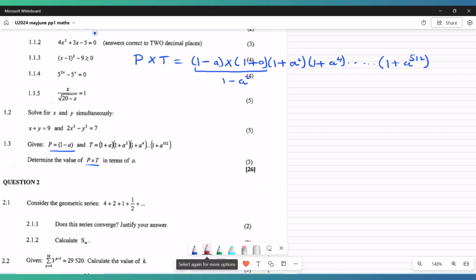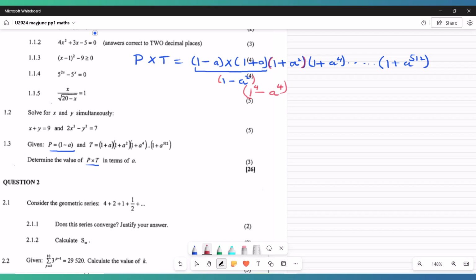So I have 1 minus a squared times 1 plus a squared. Now again, I can see it's a difference of two squares. What does it give me? It gives me 1 minus a to the power 4, because I can say this is 1 to the power 4; it becomes 1 minus a squared times 1 plus a squared if I expand it.